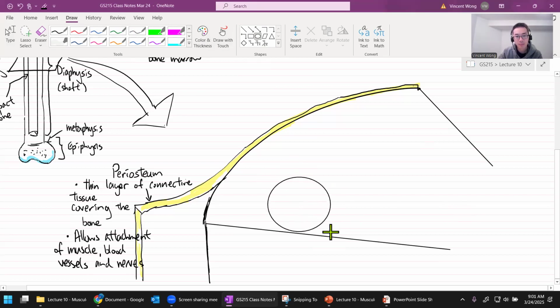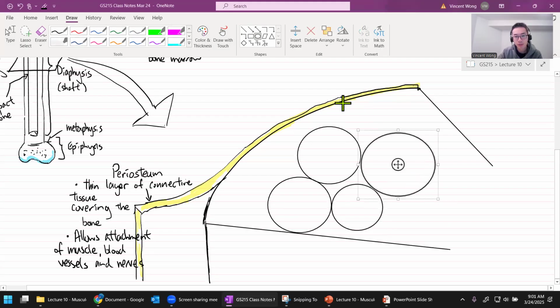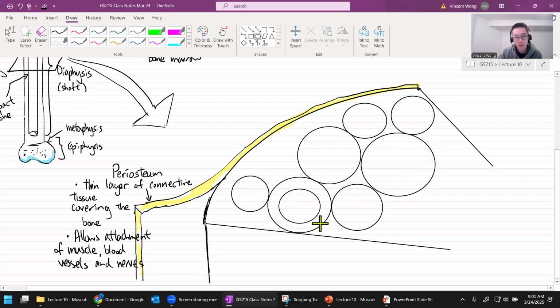We're gonna have a bunch of circles here, okay? You can make them big, you can make them small. It doesn't matter, but you're gonna draw some circles here. Maybe you don't need to have too many if you are running out of space or time. And then you're gonna draw more circles inside the circles, kind of like a bullseye, a target, right?